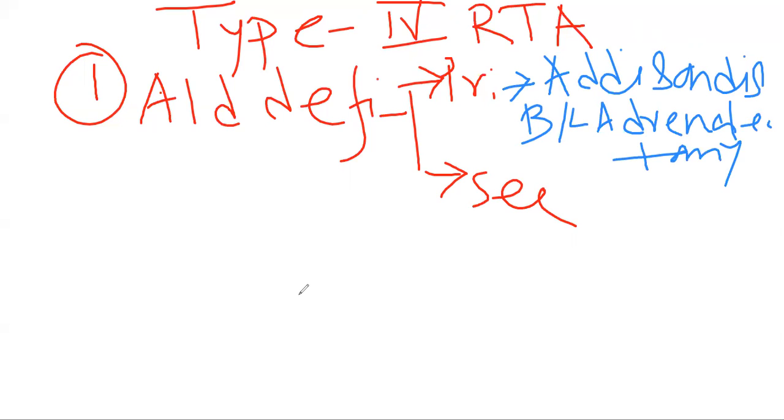And the secondary disorder is mainly due to hyporeninemic hypoaldosteronism, including diabetic nephropathy.